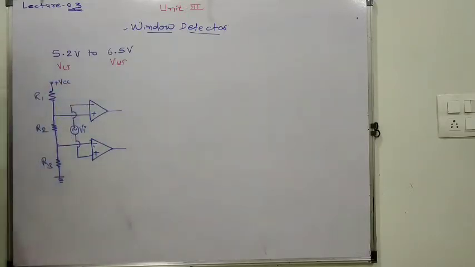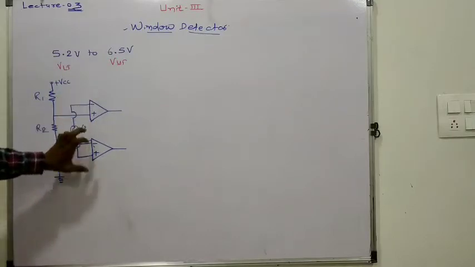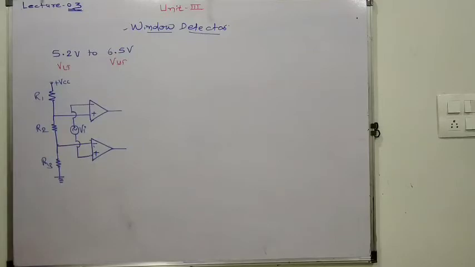Now, for this circuit, we are providing an input voltage. This first op-amp will act as an inverting operational amplifier, and this operational amplifier will act as a non-inverting operational amplifier. Now this R1, R2 and R3, this voltage divider network, will provide the lower threshold and upper threshold.